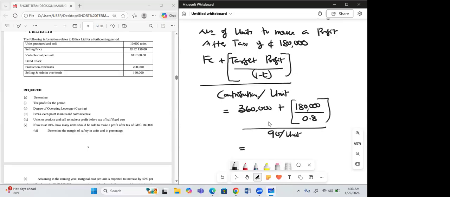So calculate that. We get 7,500 units. Are you getting it?